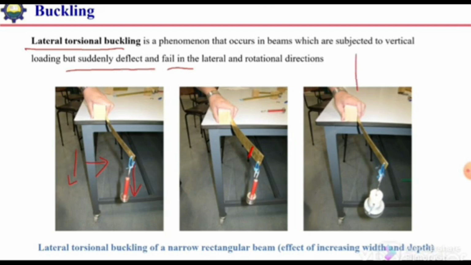For example, by increasing the depth, the moment of inertia about this vertical y-axis will not significantly increase. But if we increase its width, the moment of inertia about the y-axis will increase significantly and we can avoid lateral torsional buckling. So we need to improve the stiffness about this vertical axis or in the lateral direction.